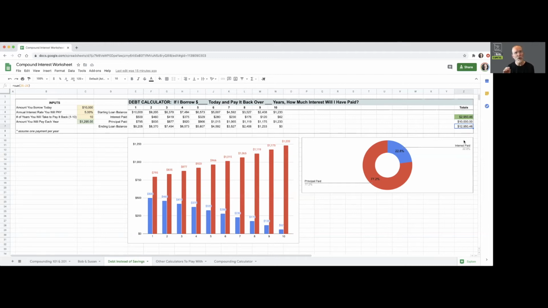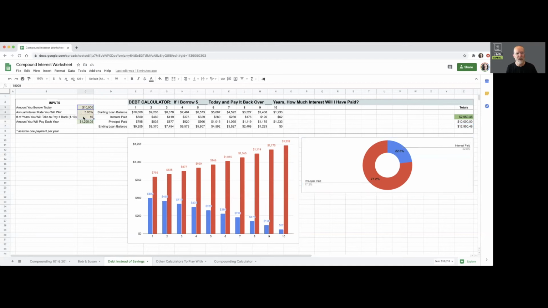That's the total you had to pay back that $10,000. And underneath there, what you see is the ratio in this donut graph of interest paid to principal paid. 77% went to principal, 22, 23% went to interest. Now, we can mess around a little bit with some of these variables.